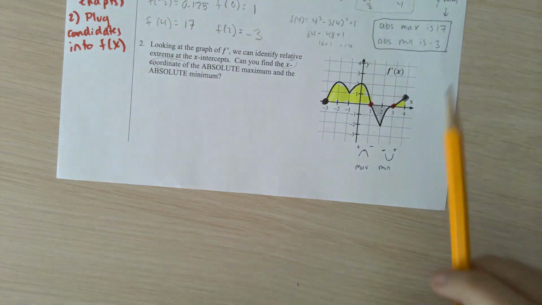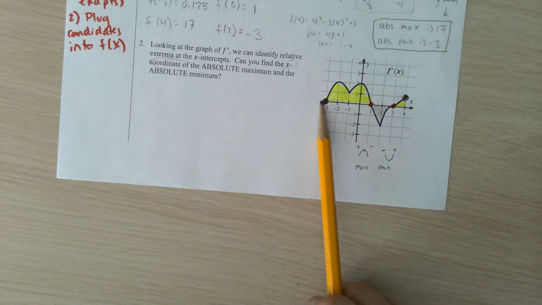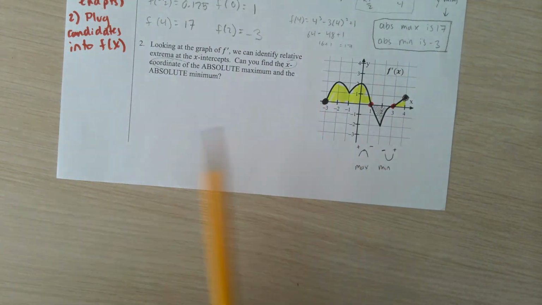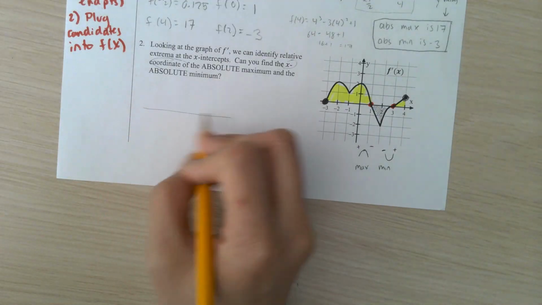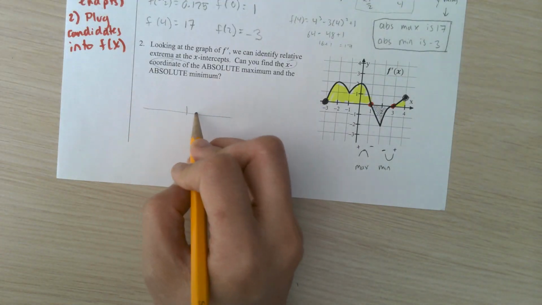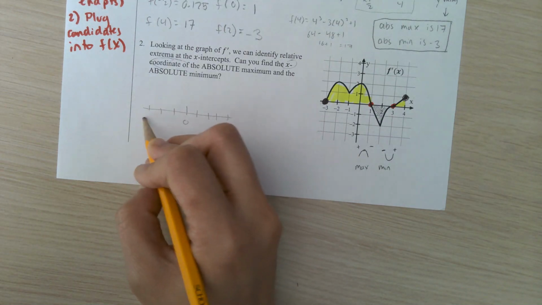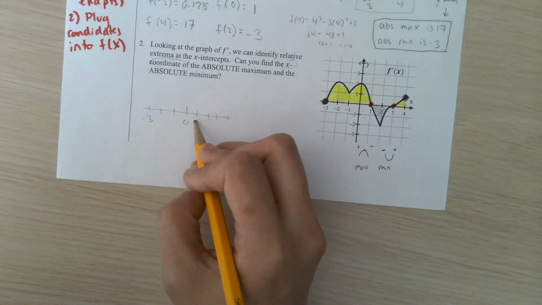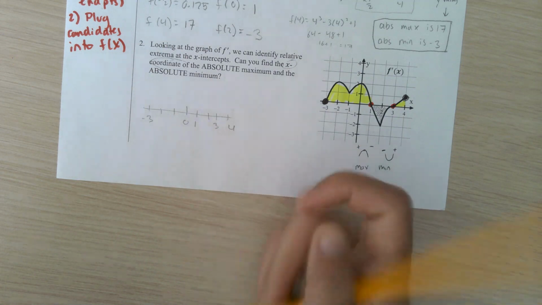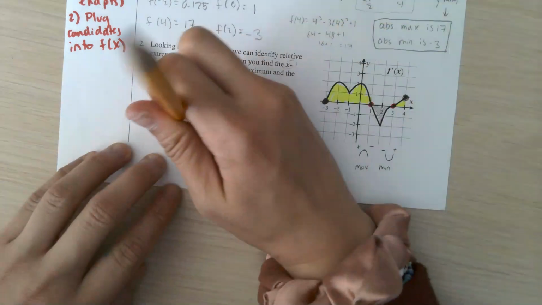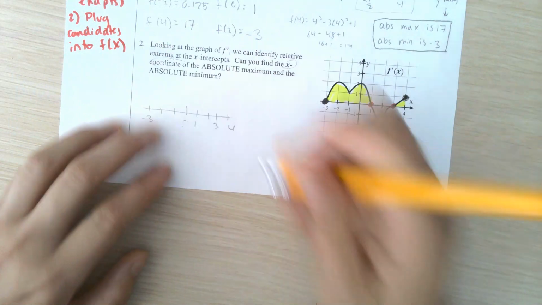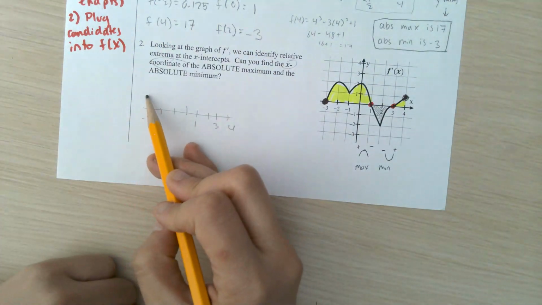Okay, so the way that you want to think about this is it's starting at some value, right? Let's do 0, 1, 2, 3, 4, negative 1, negative 2, negative 3, 1, 3, 4. Okay, we're starting at some value.